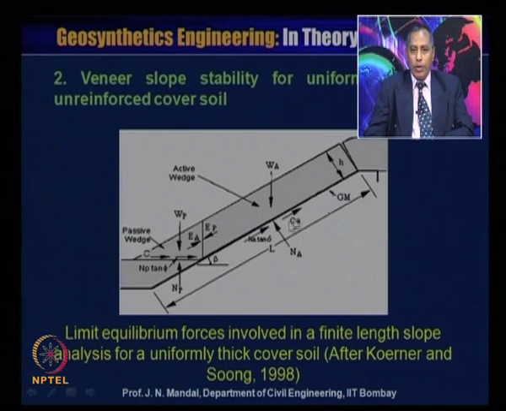This acts in this direction, that is N_A tan delta, and there is also adhesion, C_A, and this is the geomembrane material. So, there is interface friction between the cover soil and the geomembrane, designated as delta, and C_A is the adhesion.